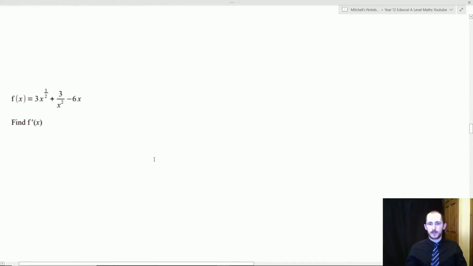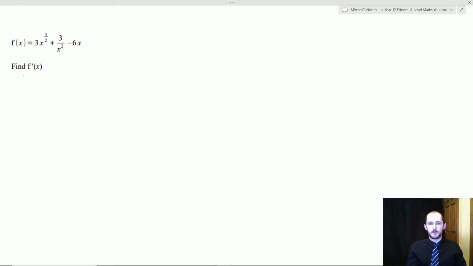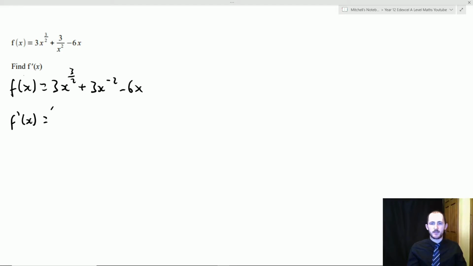Perfect. So again, the other kind of notation that they can give you is f of x. It's fairly common. So in this case, what we're going to do is once again bring those powers to the top. Now what they mean by f prime x, that's what that little apostrophe means, is the exact same as just doing dy by dx. Okay?